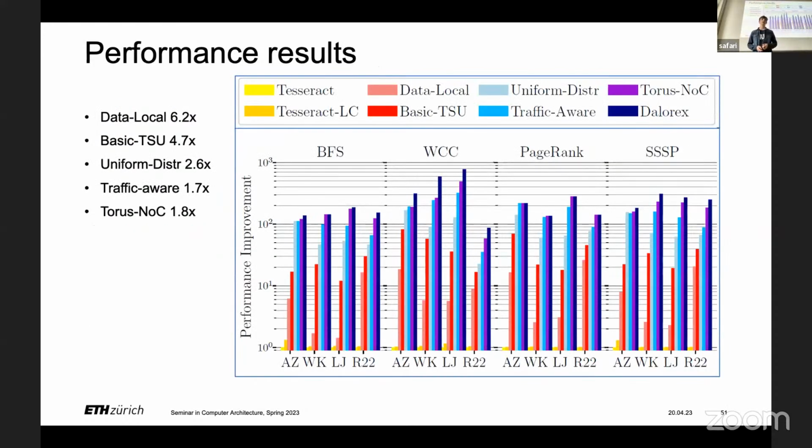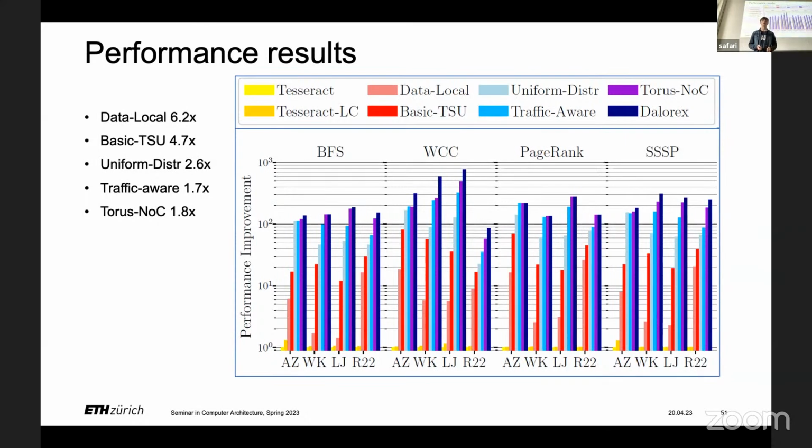So for the results, here are the results for the performance. As you can see, the most present one is the data local result that is 6.2 over Tesseract. And this is a sign of having a very good data placement strategy by Dalorex.